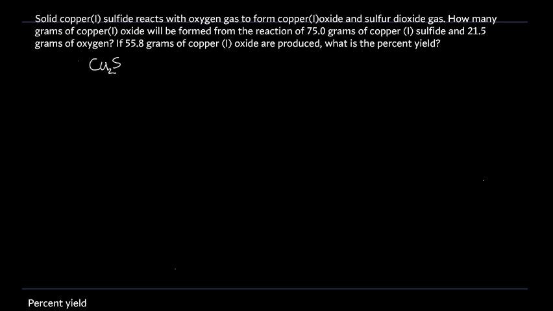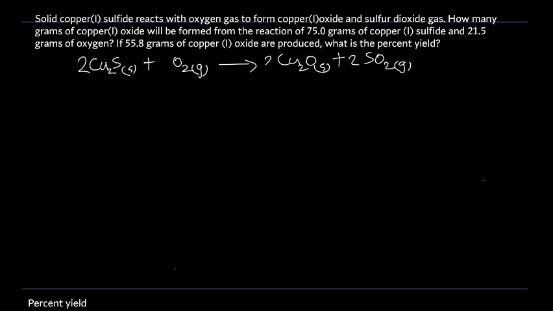And this is solid. This is gas. And we will have copper oxide, that is solid, plus sulfur dioxide gas. And now when you balance it, we can see 2 and 2 and 2 here and 3 here.